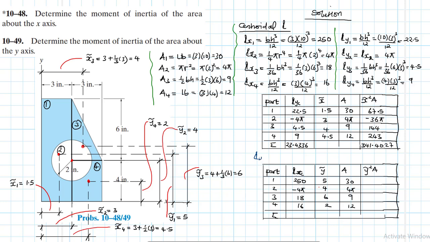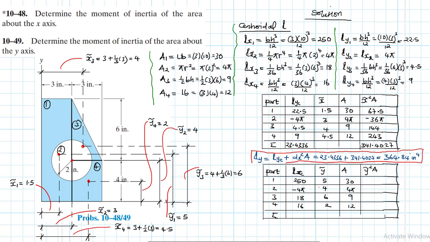Moment about the y-axis is equal to moment about the centroidal y-axis plus dx squared times area, then equal to 23.4336 plus 341.4027, and when we add that up, this gives us 364.84 inches to the power 4. So this is moment of inertia about the y-axis.